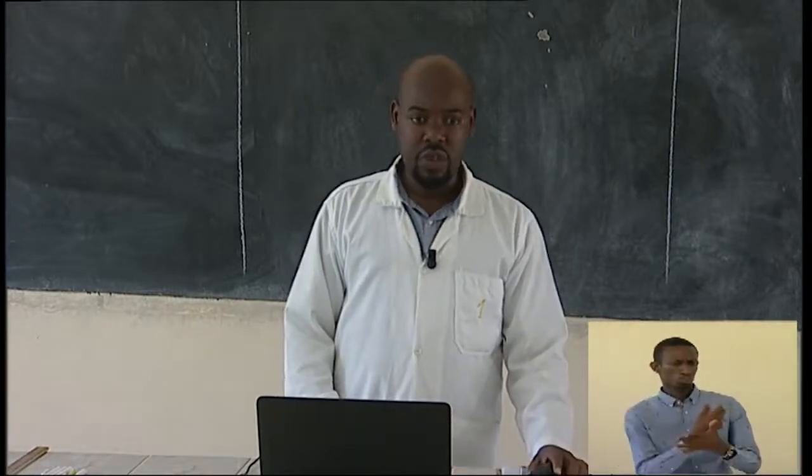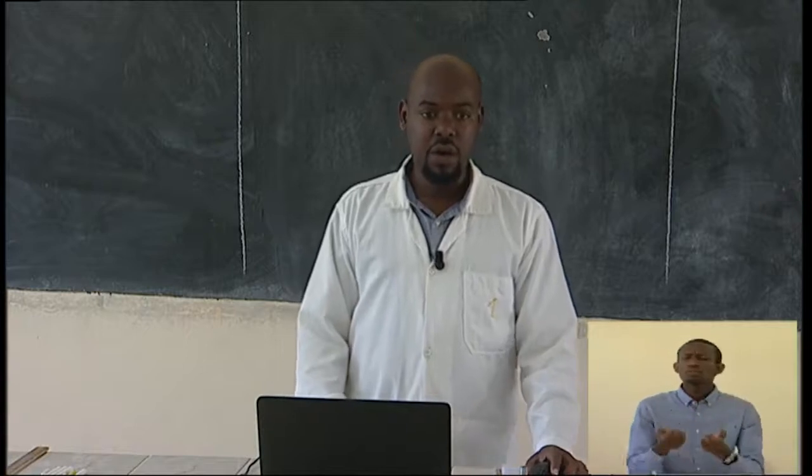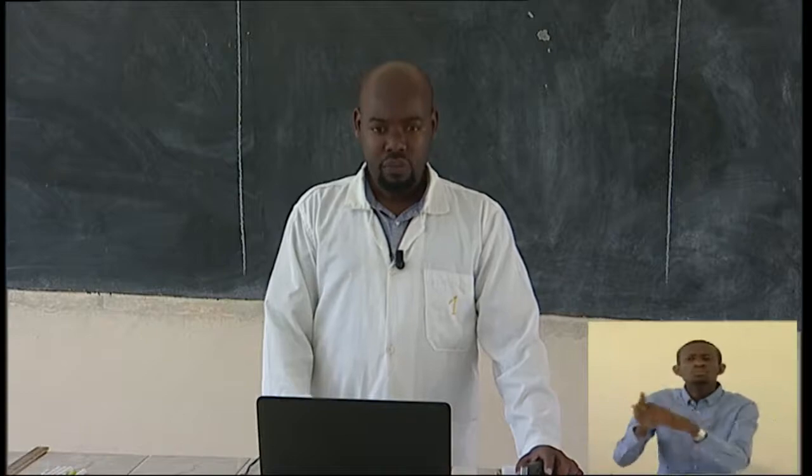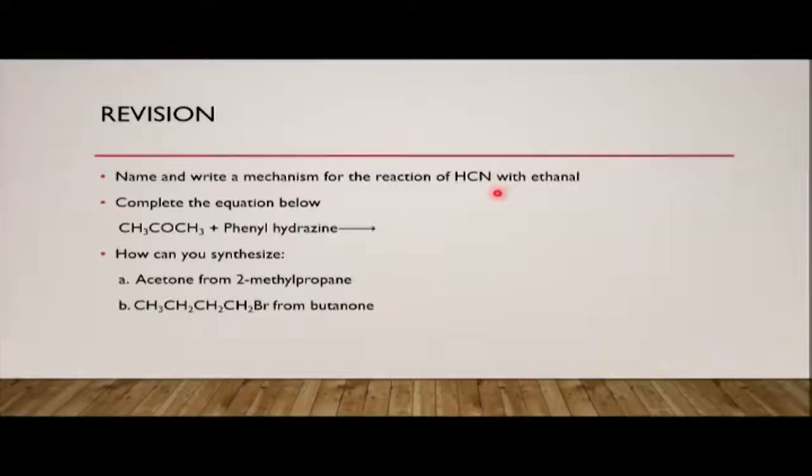So here we have question number 1: name and write a mechanism for the reaction of HCN, hydrogen cyanide, with ethanal. Number 2: complete the equation below, propanone reacting with phenylhydrazine.